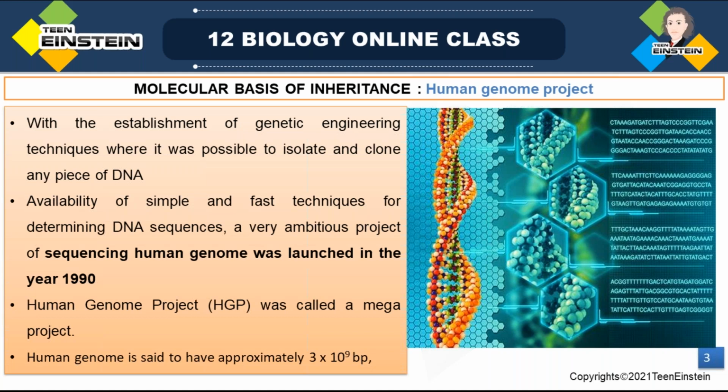The human genome means, generally we can say, the haploid set of chromosomes. What do you mean by human genome? It is the genetic information of an organism, that means the base sequences present in the DNA of an organism, or the DNA sequence that determines the genetic makeup of an organism.